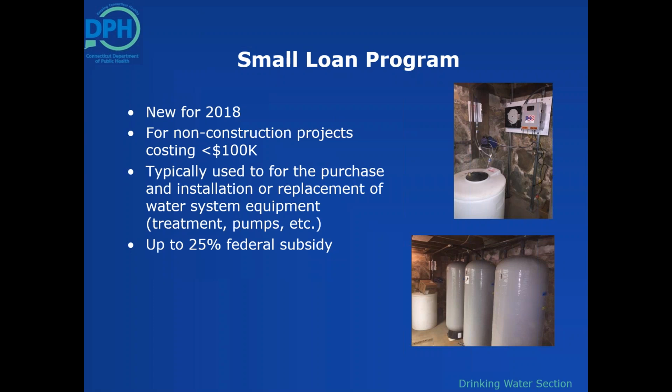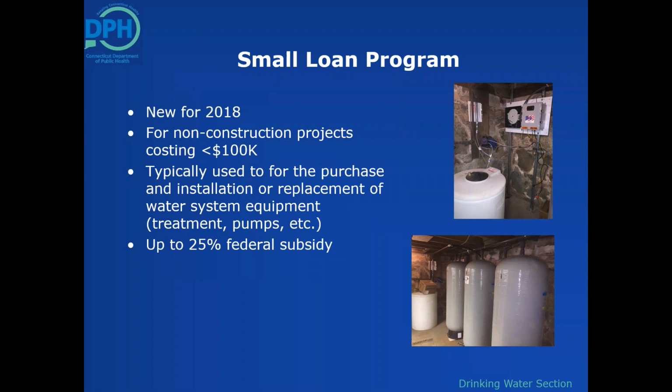So if all you need to do is either install treatment or replace treatment equipment, replace pumps or install pumps, and you don't need new facilities, you have existing facilities to house this equipment, those are the types of projects that would qualify for loans under this program, where you really wouldn't need to hire an engineer to help you through the loan program, and it would significantly reduce your administrative costs to get these projects underway.